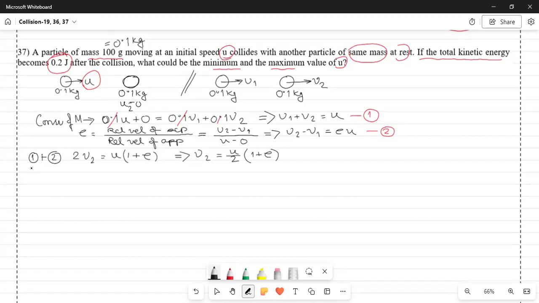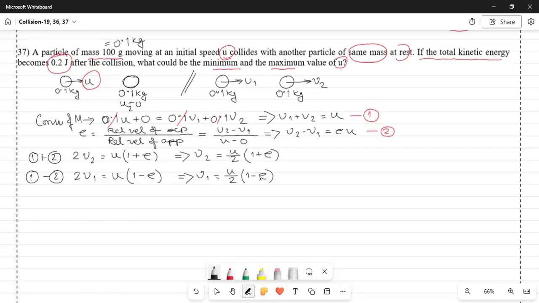I am now going to subtract the two equations. Equation 1 minus 2, we get 2 v1 equal to u into 1 minus e. From here, we easily get v1 is equal to u by 2 into 1 minus e.